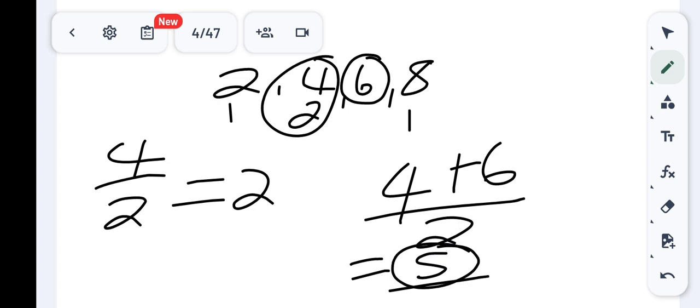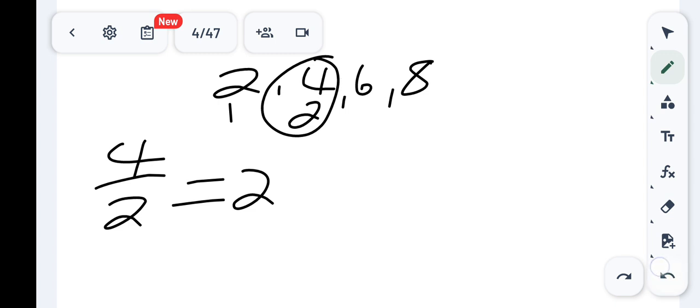That will be your median if you have an even number. You will add those 2 values that are in the middle, then divide by 2, and then the answer that you will get is the position. Then check the value that is in that position, in this case the position number 5.